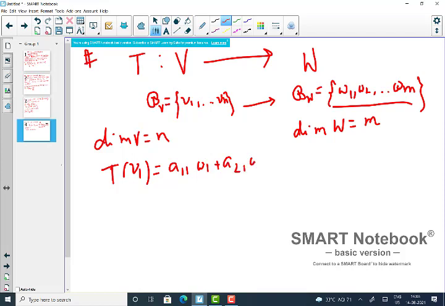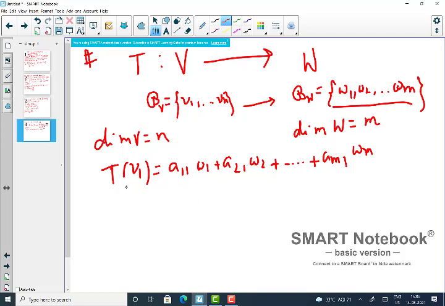I'll tell you why I'm using these symbols. So many vectors are there, and that means the coordinate vector of T v1 with respect to the basis of W is the column vector a11, a21, a31, like that.